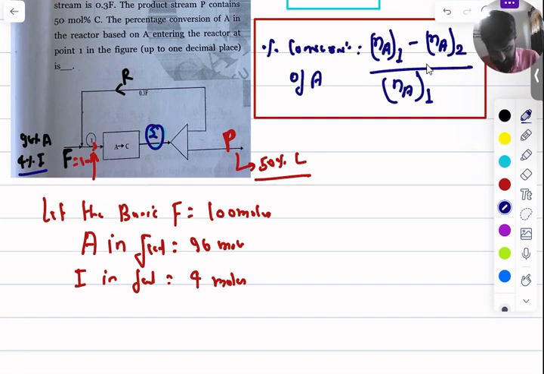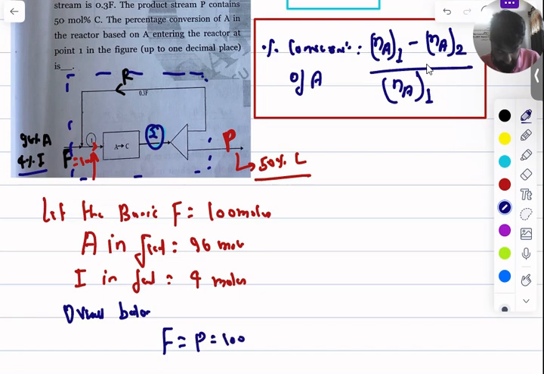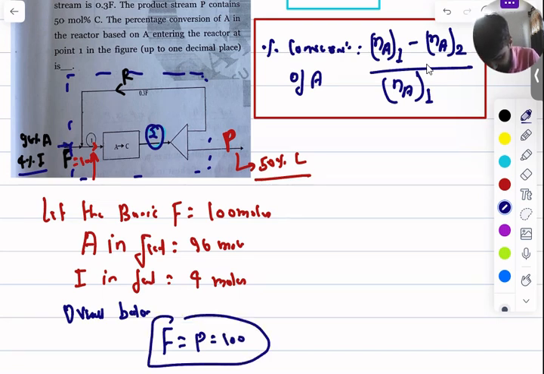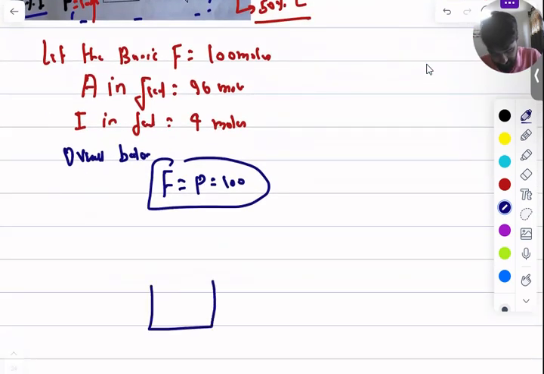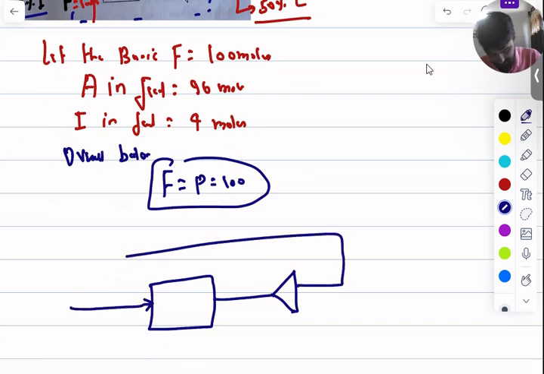So if I do the overall balance, F will be equal to P, which is equal to 100. The total amount of feed which is entering the reactor, at the end you will be getting the same thing. So feed is coming here and one product is going out.